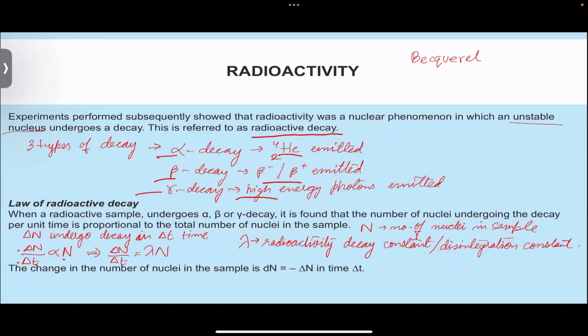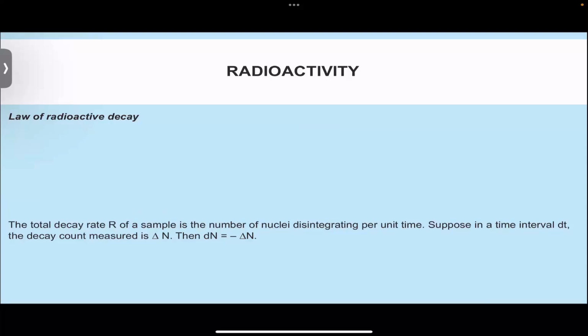That rate of decay, or rate of change of N, is given by dN/dt = -λN. This is the rate of change of N. Or we can write it as dN/N = -λ dt.